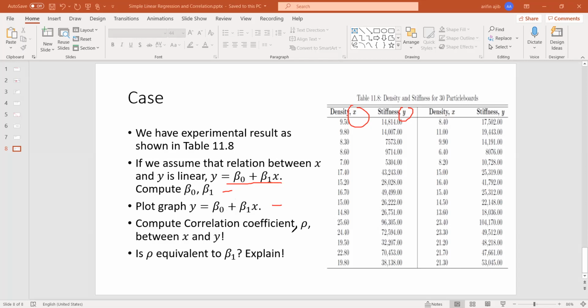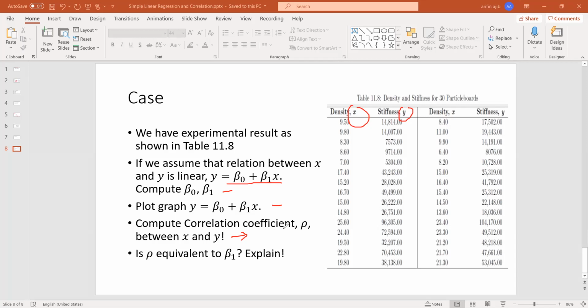Then compute the correlation coefficient between X and Y. Please find the mathematical formula for computing the correlation coefficient from a given sample. You can search the internet for how to compute this. Please write the formal formula before you directly compute the value.